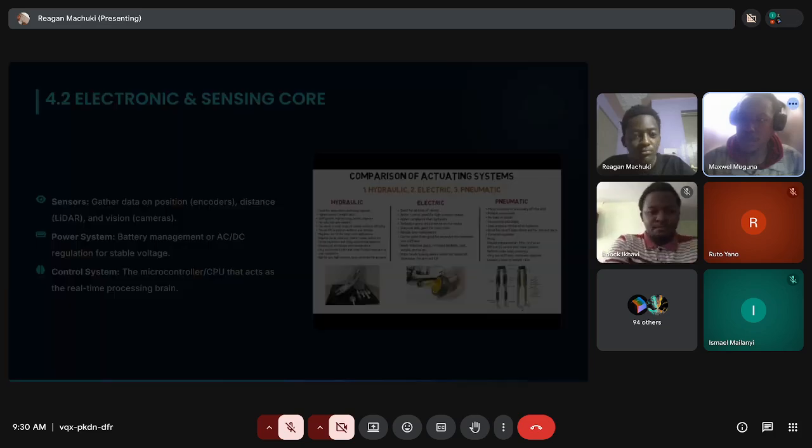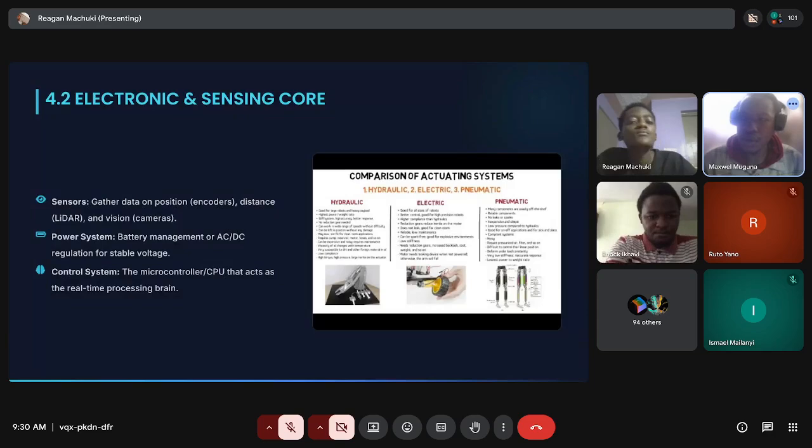Next, we look at the electronic and sensing core of a robot. For a robot to understand its world, it needs sensors. These are the sensors that gather data about the robot's internal state and the external environment. We use tools like cameras and encoders to get the feedback, perception, and safe operation.